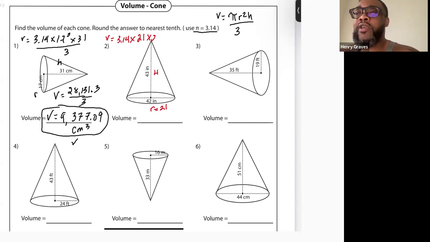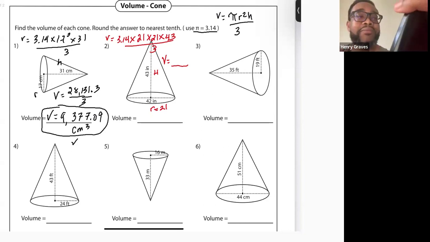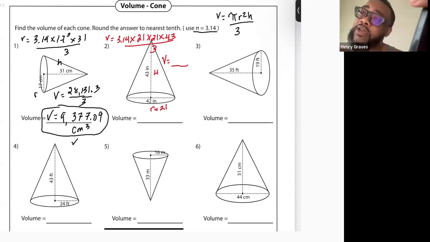So that means my volume is going to be, get my calculator, 3.14 times 21 times 21 times 43 gives me 59,543. Guys, these are going to be big numbers you're dealing with, so I really recommend you use a calculator, not do it by hand, because if you do it by hand, you're going to make a lot of mistakes.